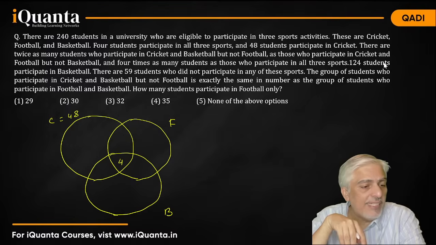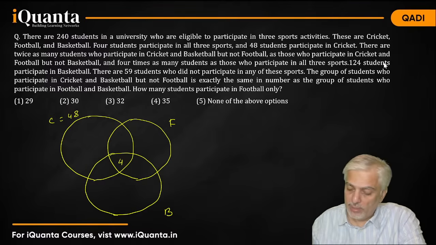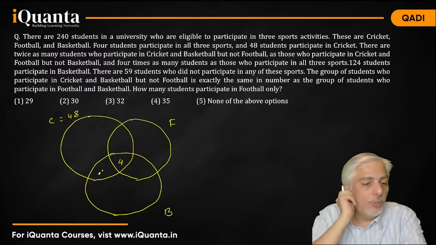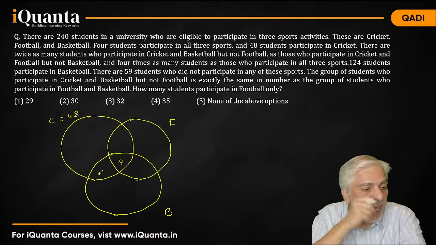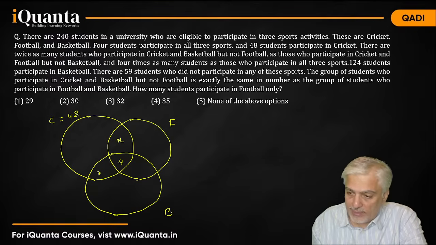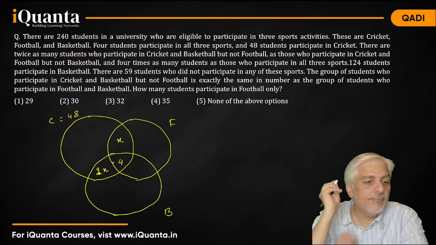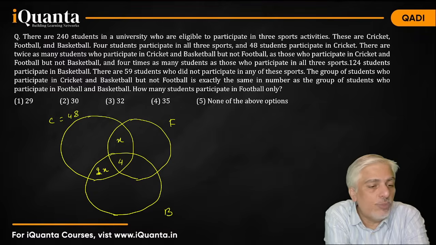There are twice as many students who play in cricket and basketball, but not football, as those who participate in cricket and football but not basketball. Cricket and basketball is this part. So if this part is x, this part is 2x. Okay, let's go through that one more time and see whether we are correct.